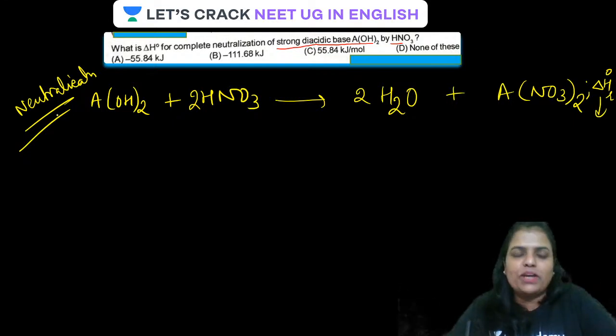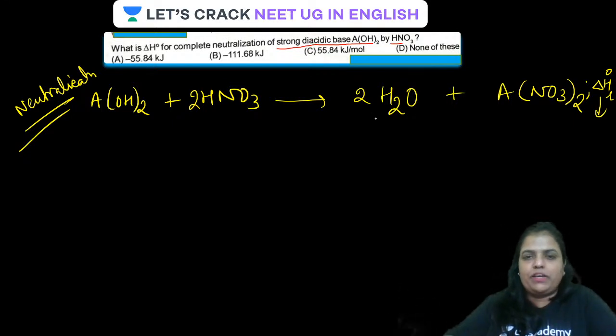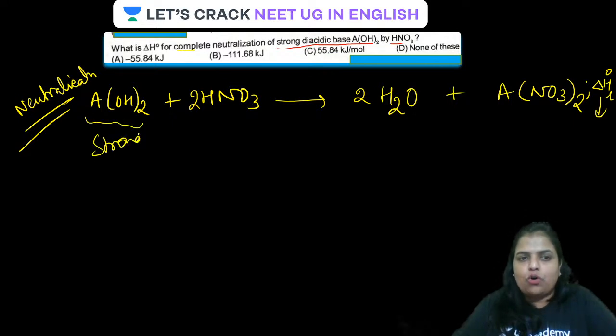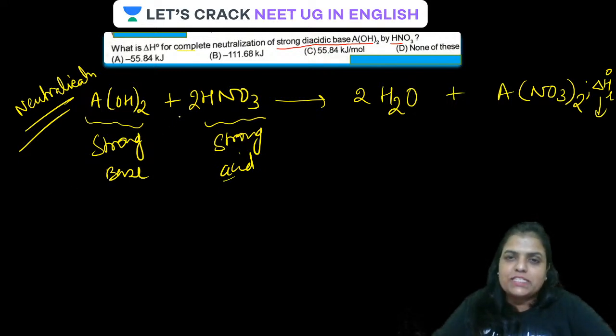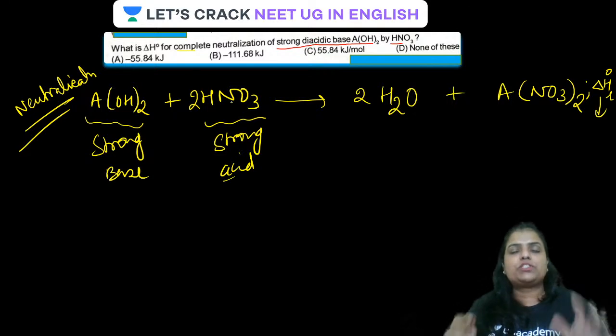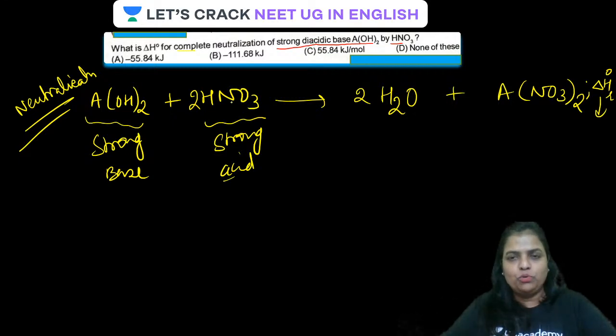Come on, have a look at the screen. Complete neutralization means this has to be a strong base. HNO3 is a well-known strong acid. Now, it is a well-known fact that during neutralization of strong acid and strong base, the heat of dissociation is actually zero. Therefore, the neutralization enthalpy is always equal to 13.7 kilocalorie per mole, or you can take it in kilojoule, because in the question the options are given in kilojoule.